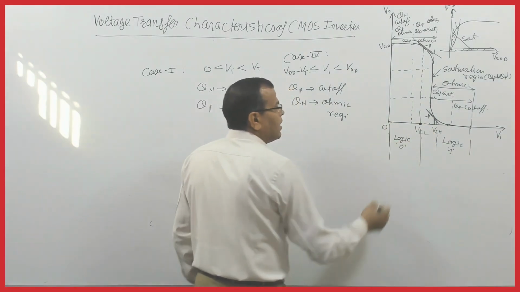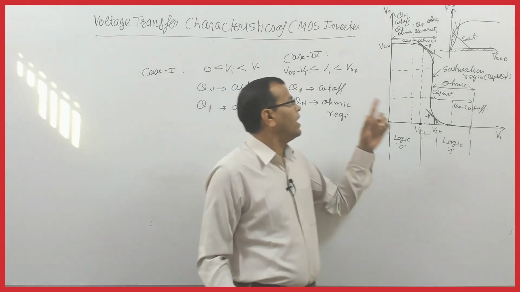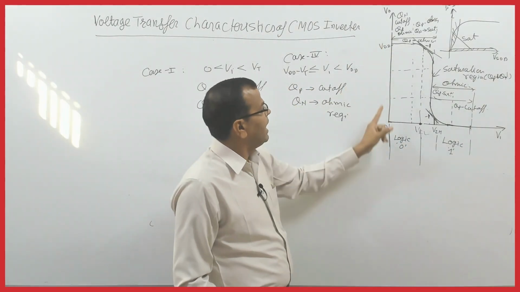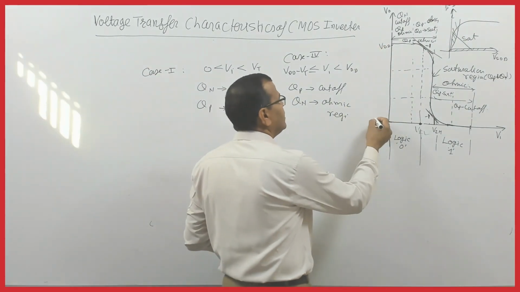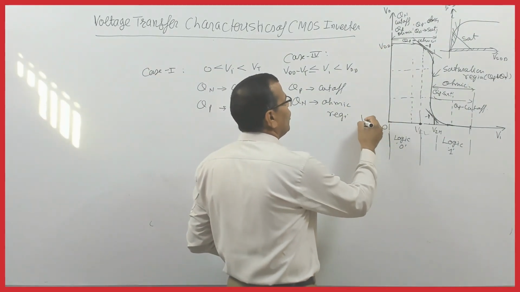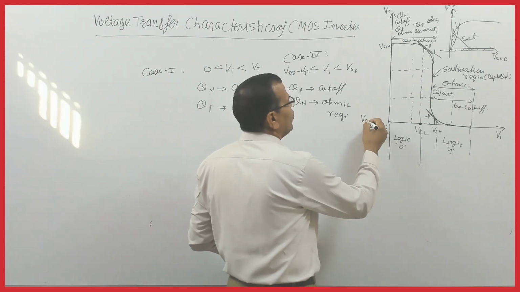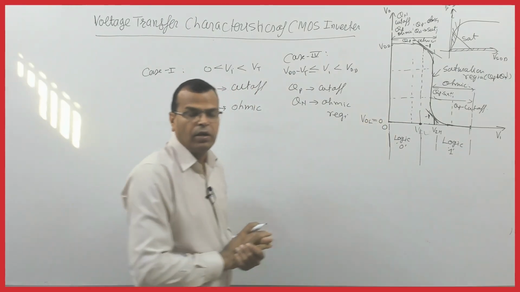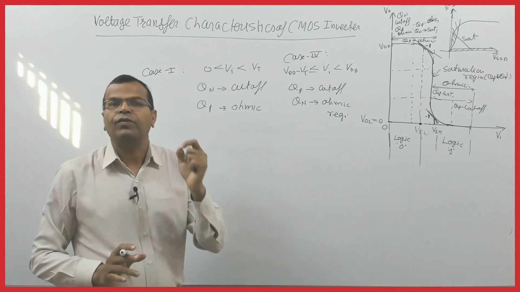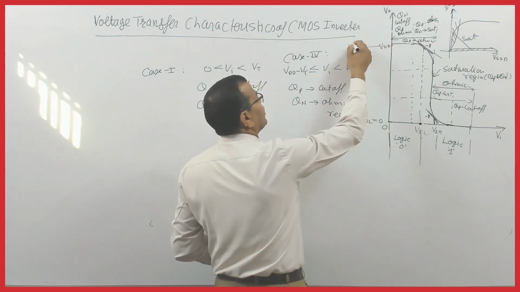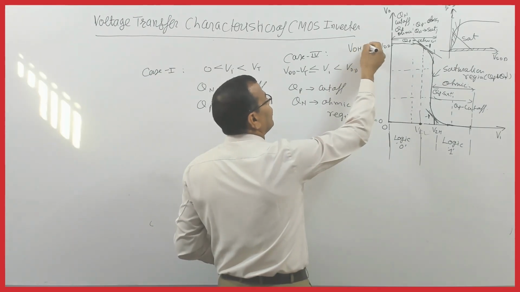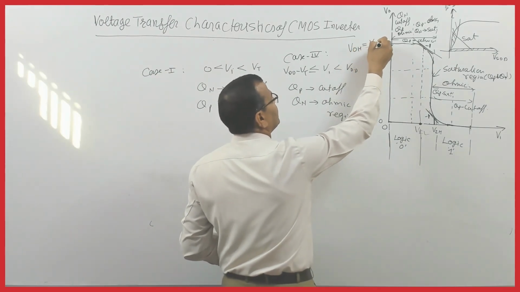VIL minus 0, and remember output voltage has got only two levels. VOL is 0. The output voltage for logic 0 is 0, and the output voltage for logic 1 is VDD.